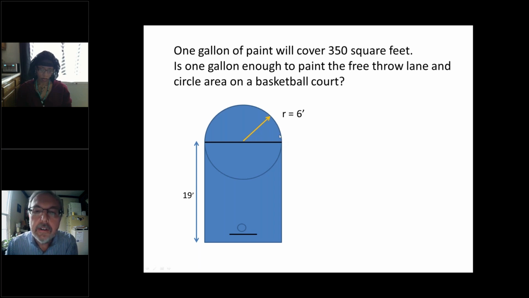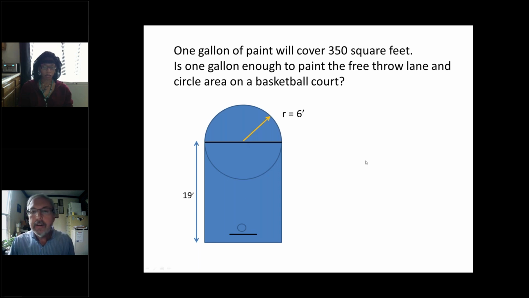Because this radius, all of the distances from that center point to everything on the outside edge, since that's a radius, all of those distances are exactly 6 feet. So it's 6 feet from the center to the outside of the free throw line, and it's also 6 feet from the center to the other outside part of the free throw line. So that's going to come in handy in just a moment.